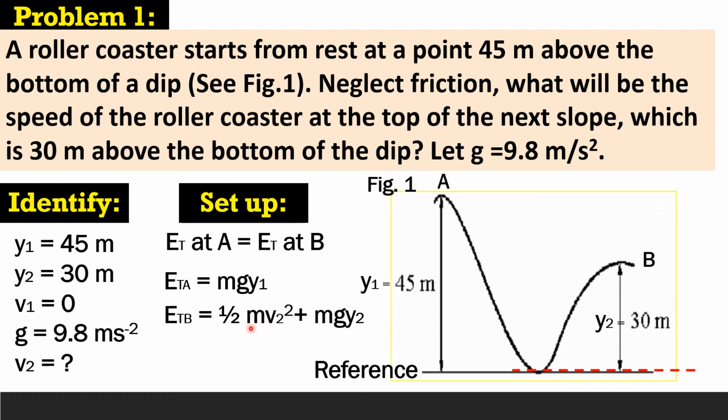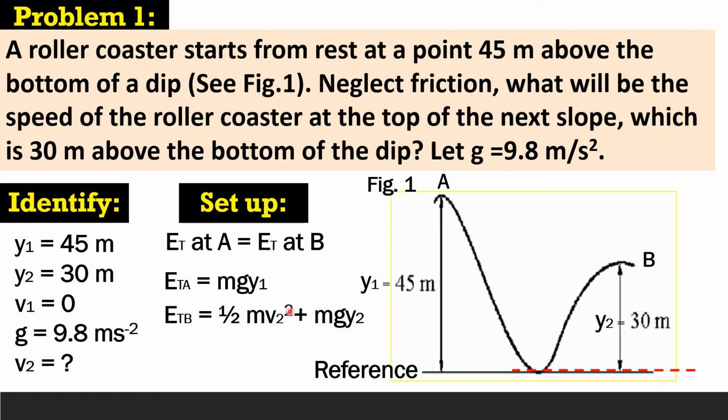Because of its speed v2, it has kinetic energy 1/2 mv squared, and because it still has a vertical distance from the bottom, which is our reference, equal to 30 meters, it also has a corresponding potential energy, mgy.